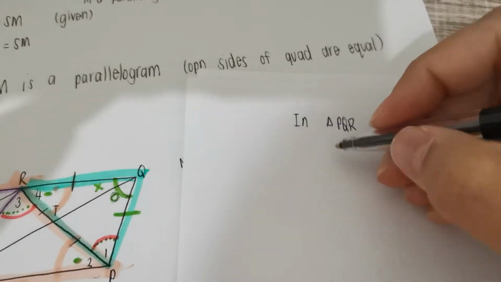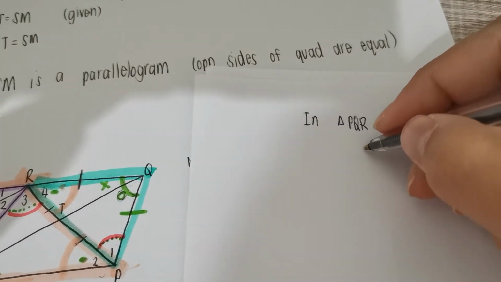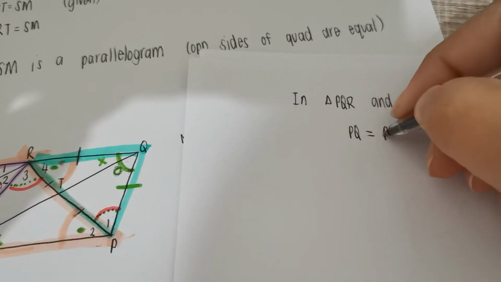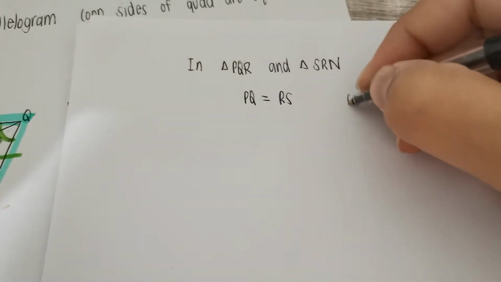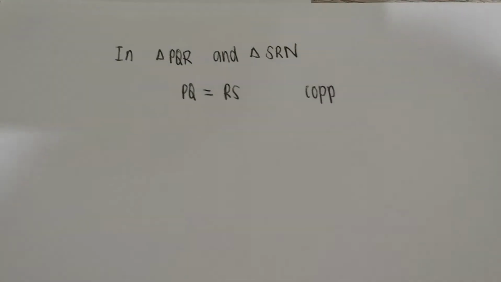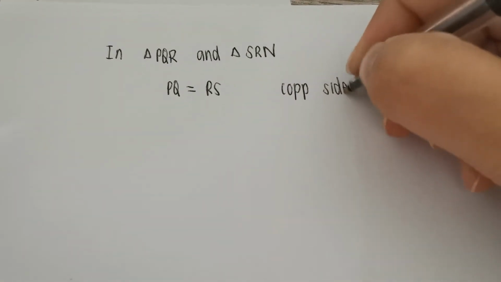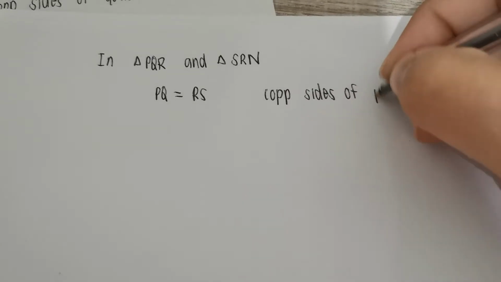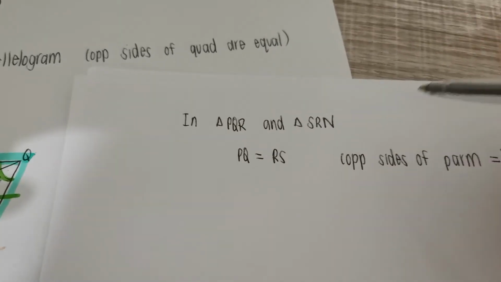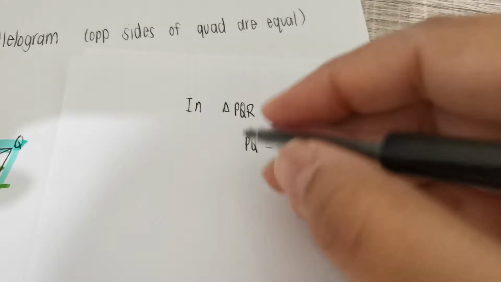Okay. So we proved that PQ is equal to RS, and the reason for this was opposite sides.